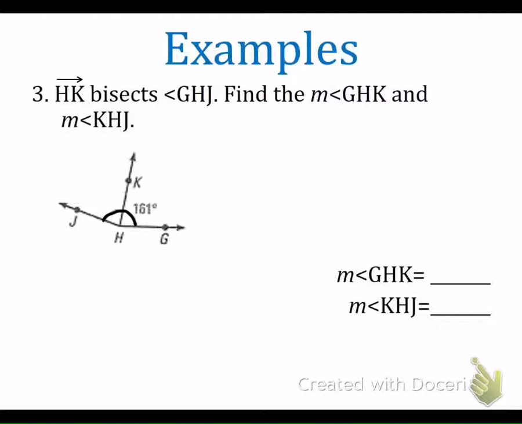I'm trying to find GHK and KHJ. Sorry, KHJ. I already did KHG. All right, so what do I do to find the measure of the two smaller angles if I'm given the whole thing?